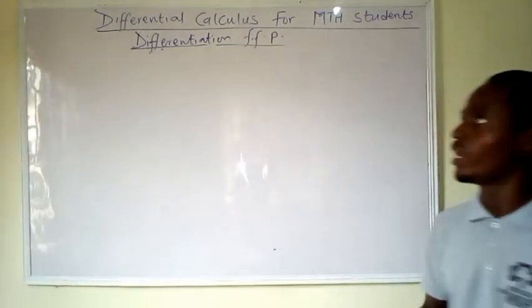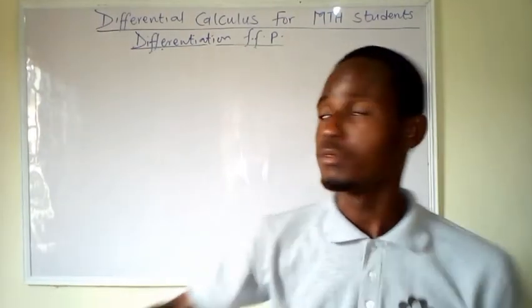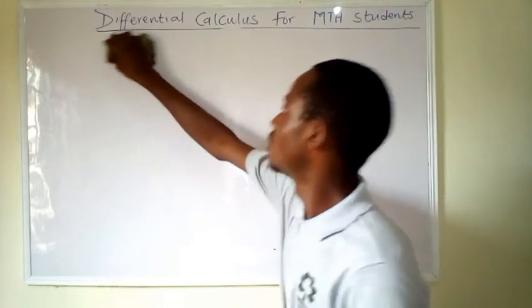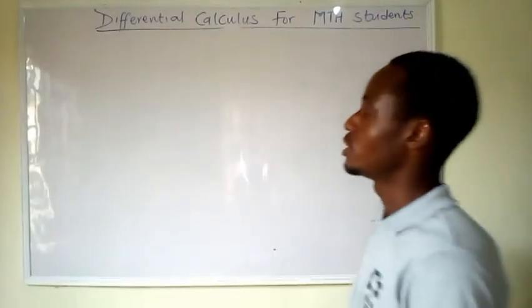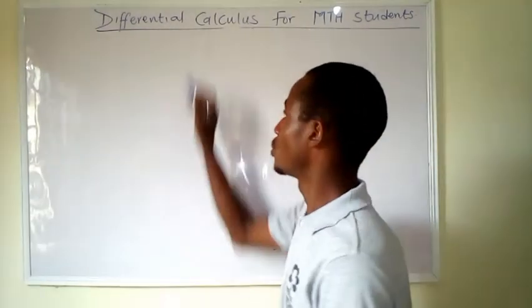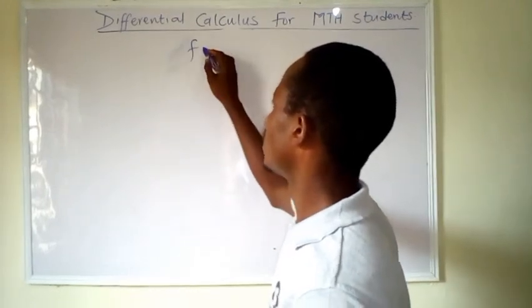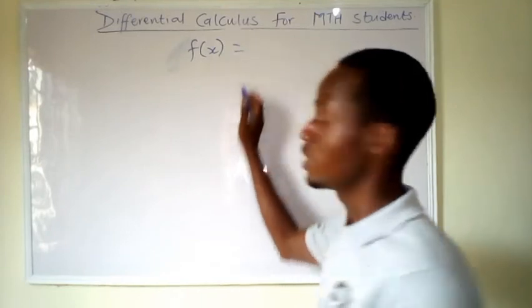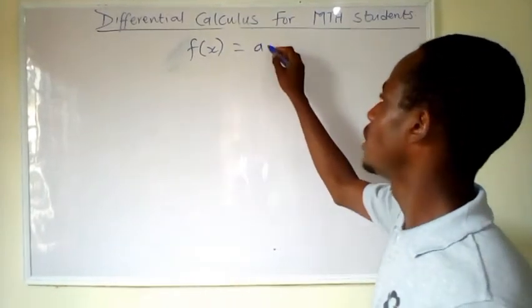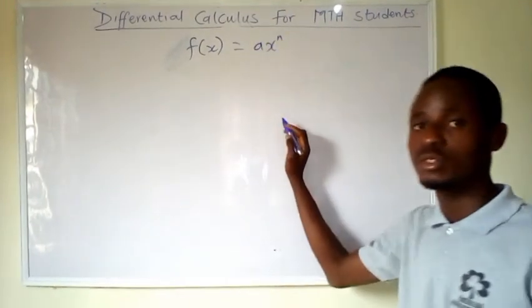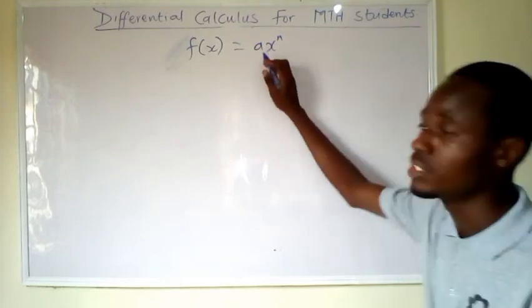There is always a way out of doing this apart from first principle. There is always a way out, so it implies that all functions f(x) are always probably in their polynomial form, so we have a x raised to the power n. So we say all functions can generally be in this form.